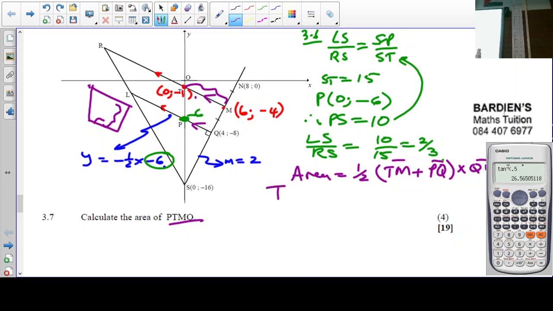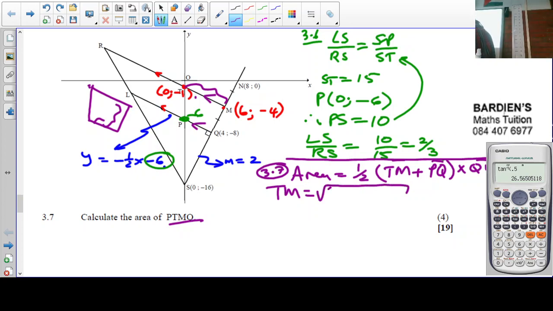This is now for 3.7. For TM, it's going to be the square root of 0 minus 6 squared plus negative 1 minus 4 squared.